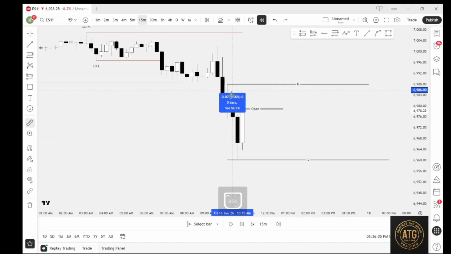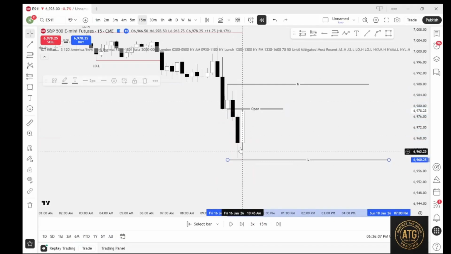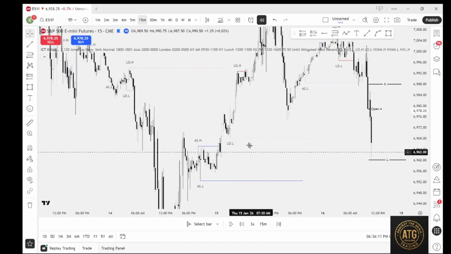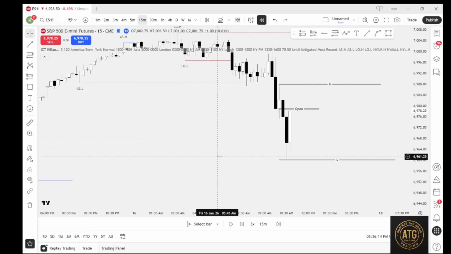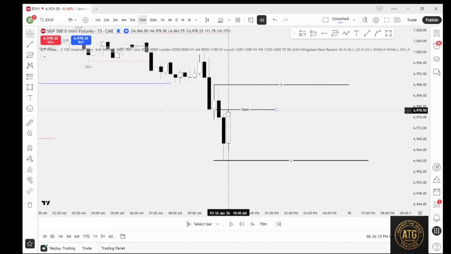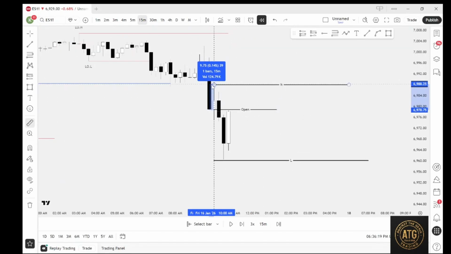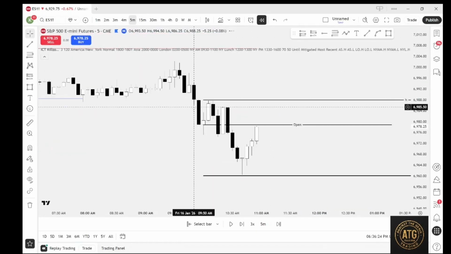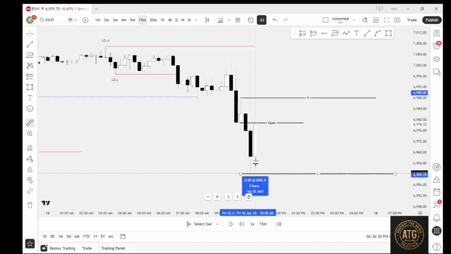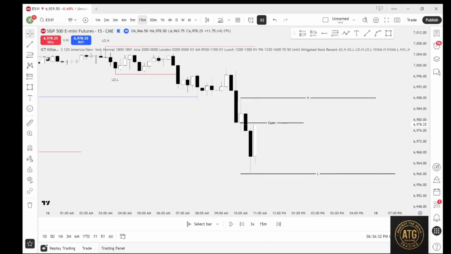Then we distribute lower, putting in the low of the candle, and then we close back within the range. We saw a pretty aggressive close back within the range just because we swept out a bunch of liquidity here. But exact idea we just talked about. We get an open here, put in the high in the first 15 minutes, so you could call this your manipulation. In this case, we traded back into a 5-minute fair value gap, and then we see our distribution lower, putting in the low of the candle, and then close back within the range.